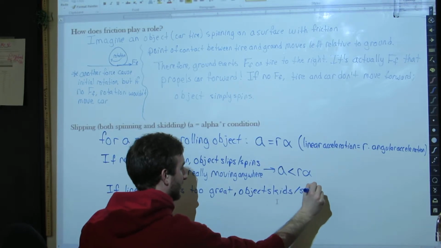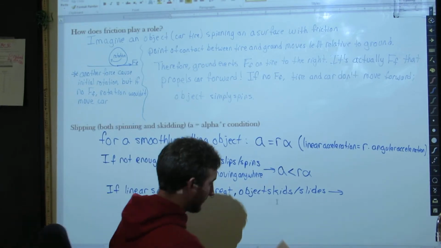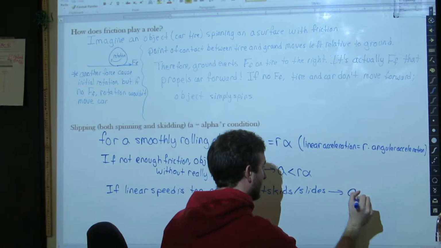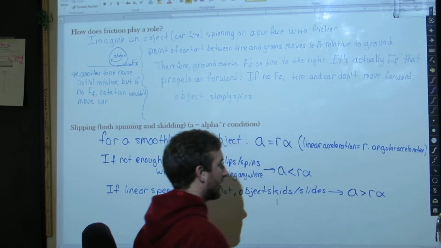It skids or slides. The condition for that is the opposite: the linear acceleration is greater than the product of r and alpha.